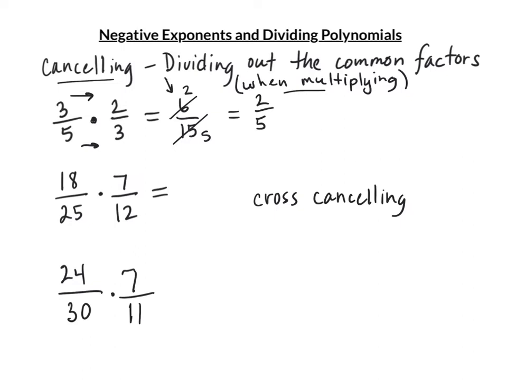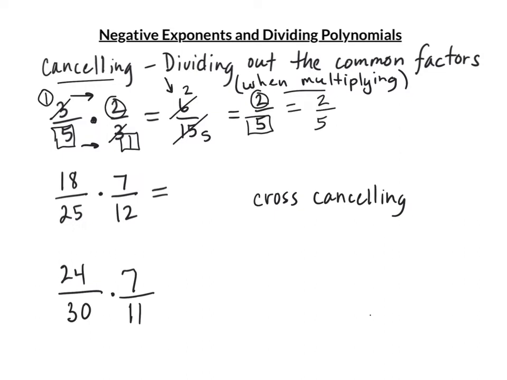What has to happen is you have to have a common factor in the numerator and denominator. Both of 3 and 3 are divisible by 3. Divide by 3, you get 1. Divide by 3, you get 1. Those become 1s. 1 times 2 is 2, and 5 times 1 is 5. So there's our answer, 2/5.